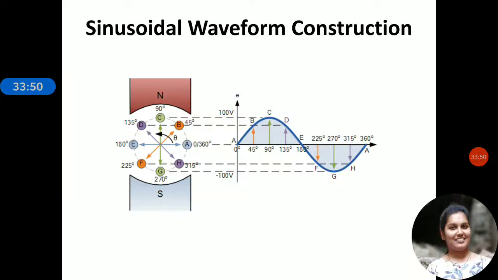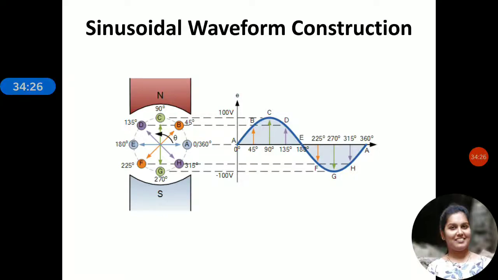So for any waveform, for any AC signal, we see current or voltage is continuously varying. So here we see a continuously varying waveform, and that waveform should have a cycle, that is, it should have a positive half cycle and a negative half cycle. It should have magnitude and direction, both a positive side and a negative side. So here we see a positive half cycle and negative half cycle being generated, so we can say that this is nothing but an AC waveform.